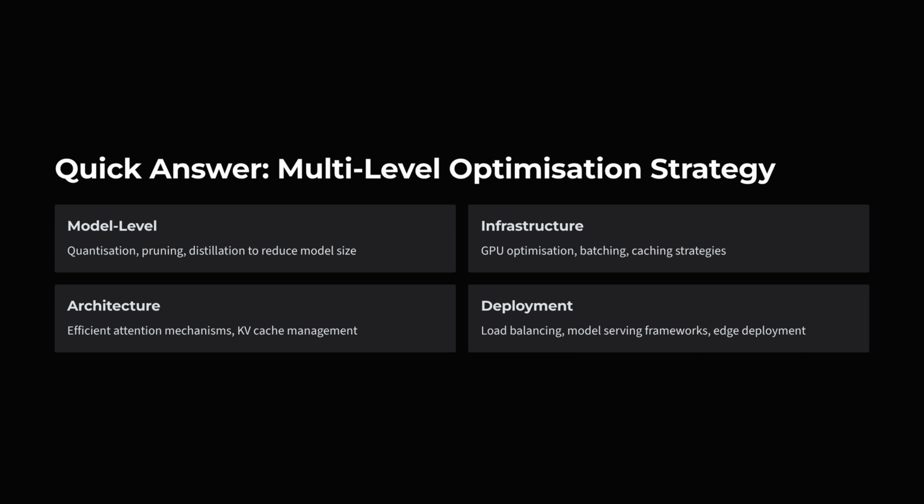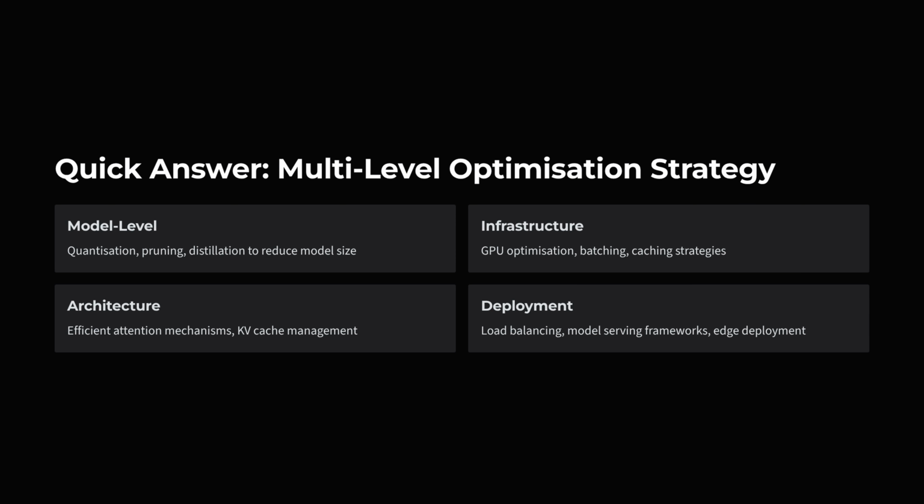less resistance. The infrastructure dial is about using the right GPUs and batching, so each request rides efficiently rather than traveling alone. The architecture dial tunes attention flow and KV cache habits, so the model avoids repeating work it already knows.